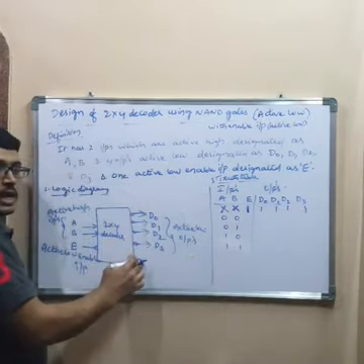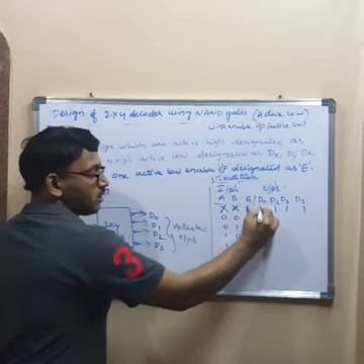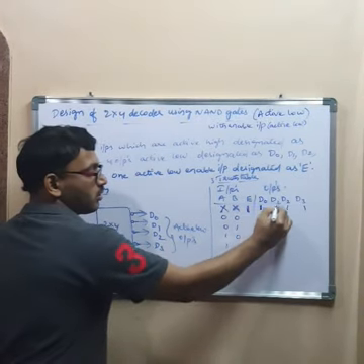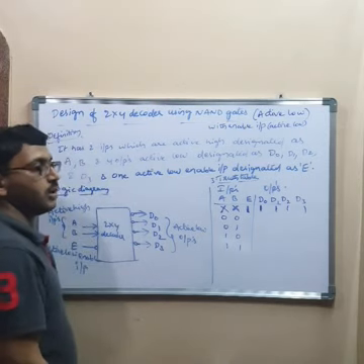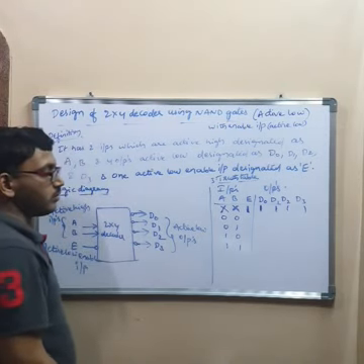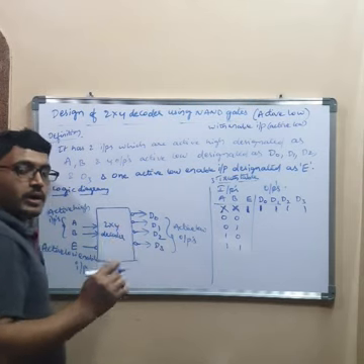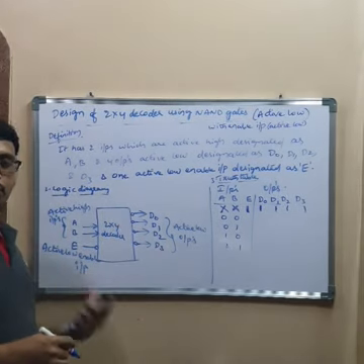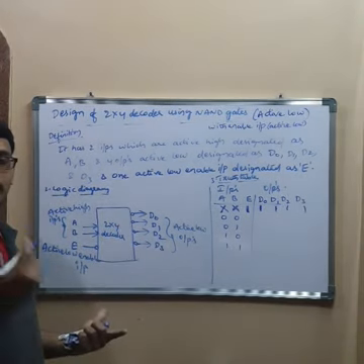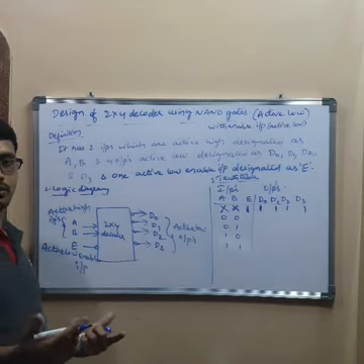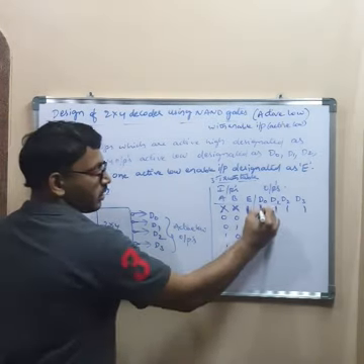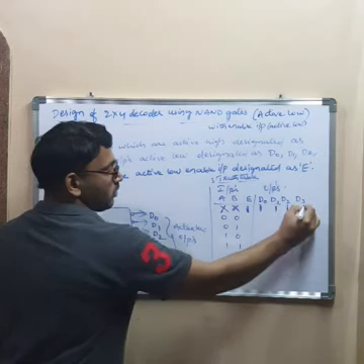As the outputs are active low, 1 represents deactivated output, 0 represents activated output, right? Already I have told you active, inactive, low.